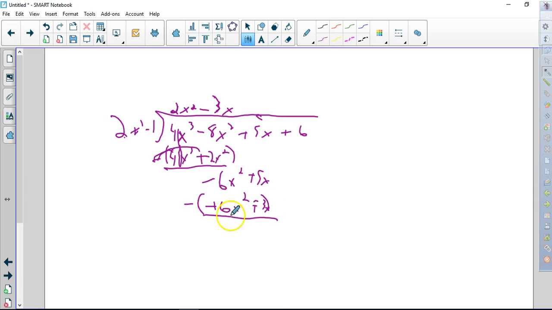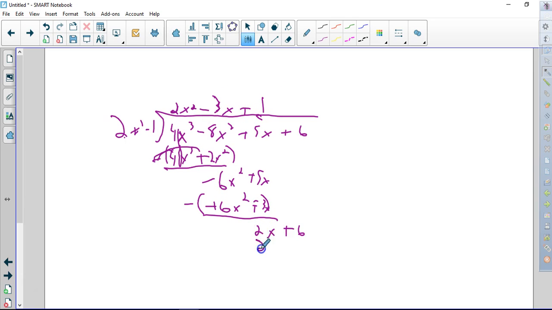I forgot my x there, sorry. So, this cancels, I end up with 0, and I end up with 5x minus 3x here, and that's going to be 2x. Bring down the 6. How many times is 2 going into 2? That's going to be plus 1.